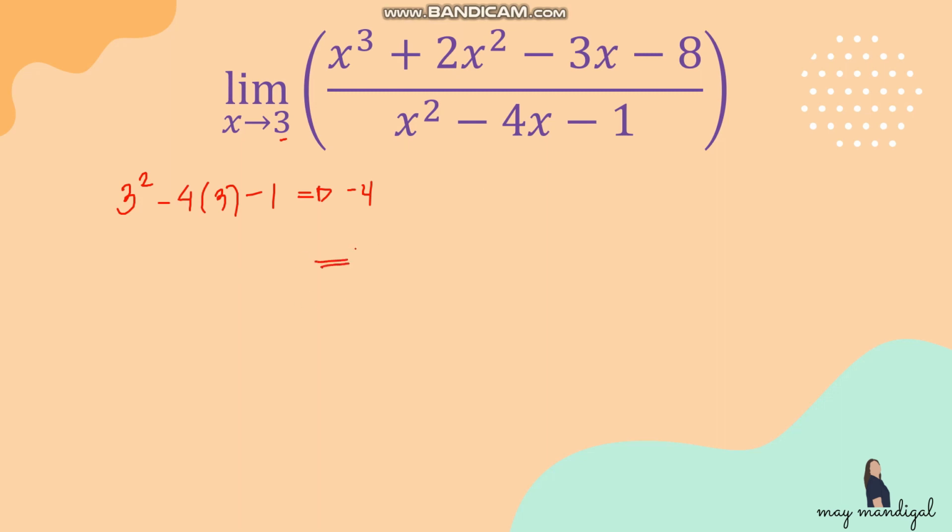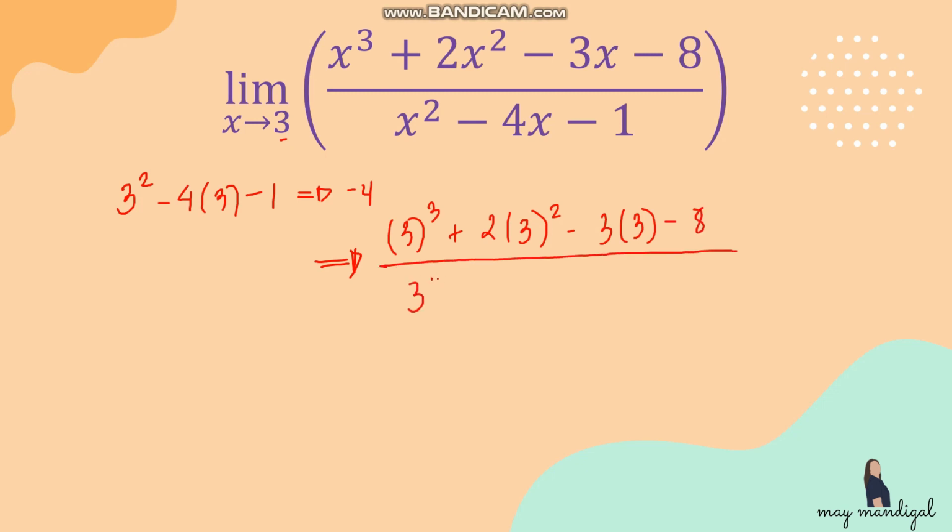So let me just write here. Let's substitute right away. So we have 3 cubed plus 2 times 3 squared plus 3 times 3 minus 8 all over 3 squared minus 4 times 3 minus 1. And then you simplify the numerator, so that will be 28. And then you divide it by the denominator, which is negative 4.